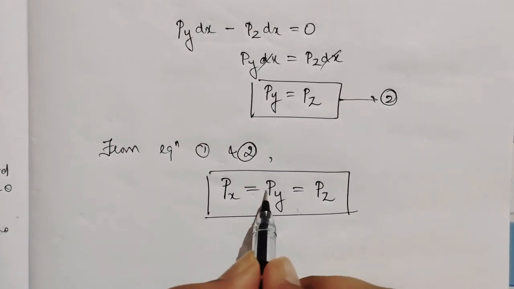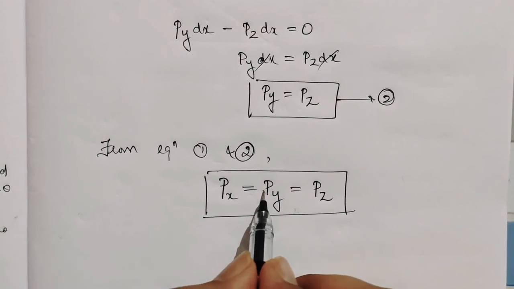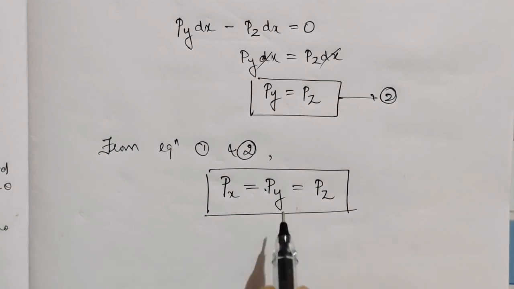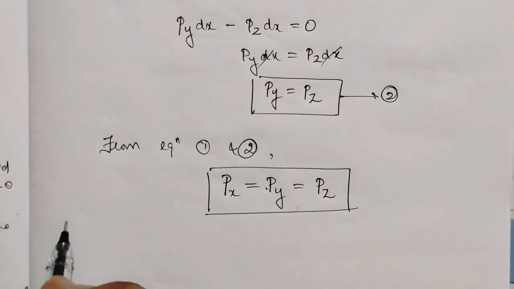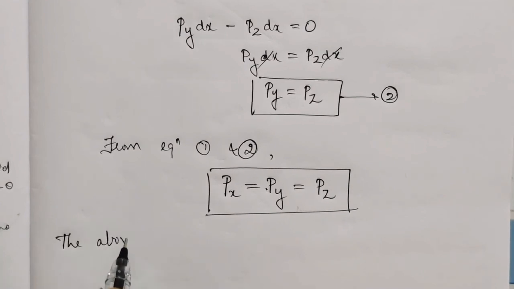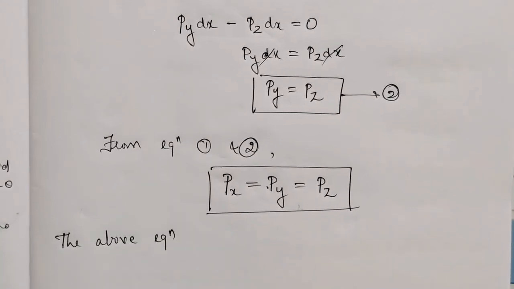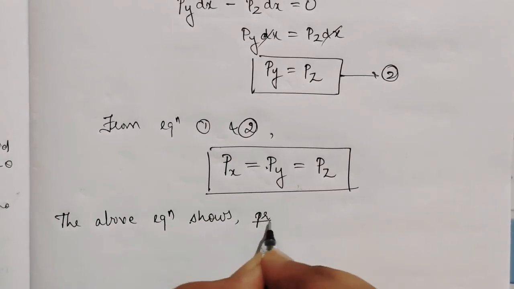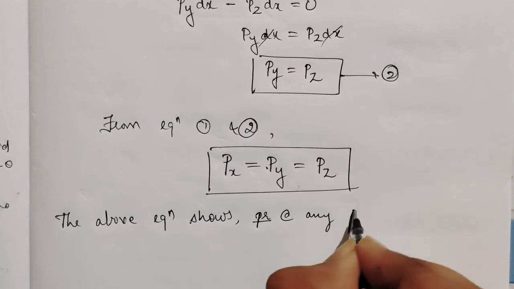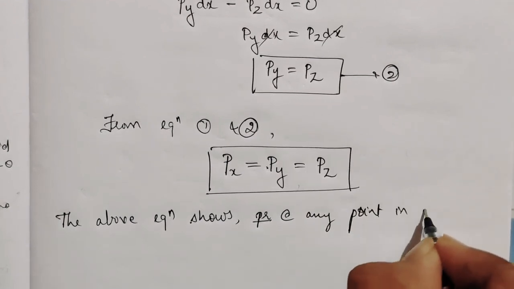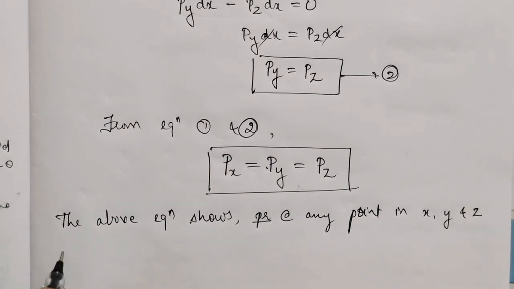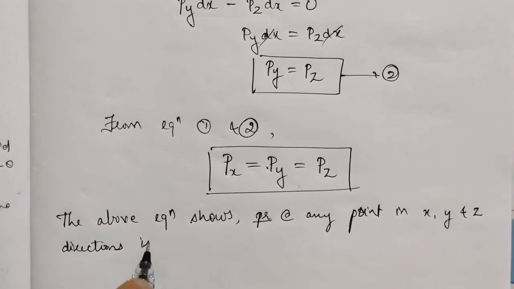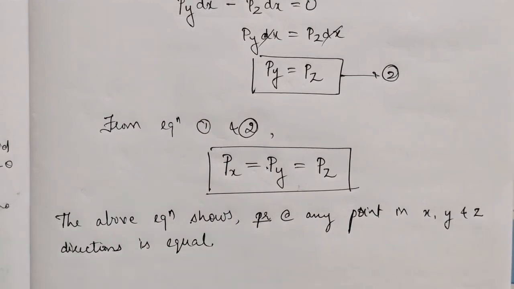The pressure or the intensity of pressure at a point in a static liquid is equal in all directions. The above equation shows the pressure at any point in x, y and z directions is equal.